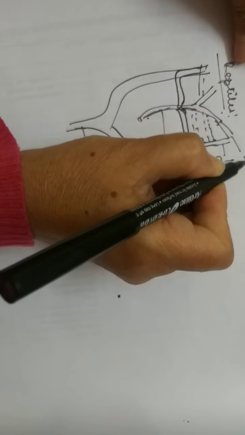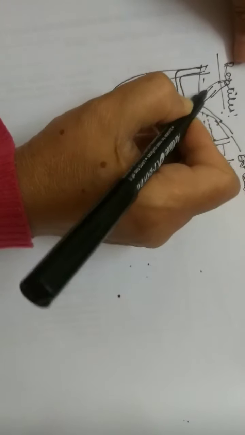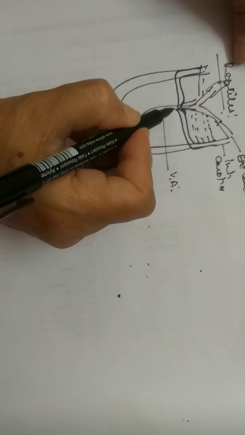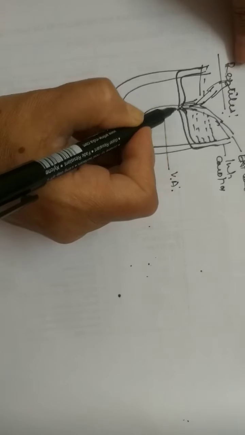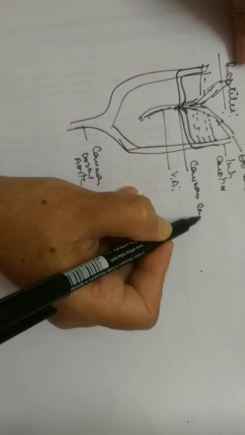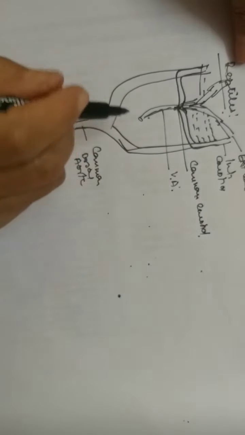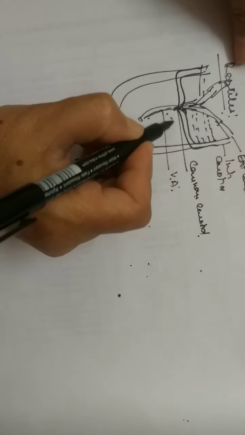Split portions of ventral aorta form the external carotid as in other cases also, and the common portion from where these two are originating commonly would be called the common carotid.